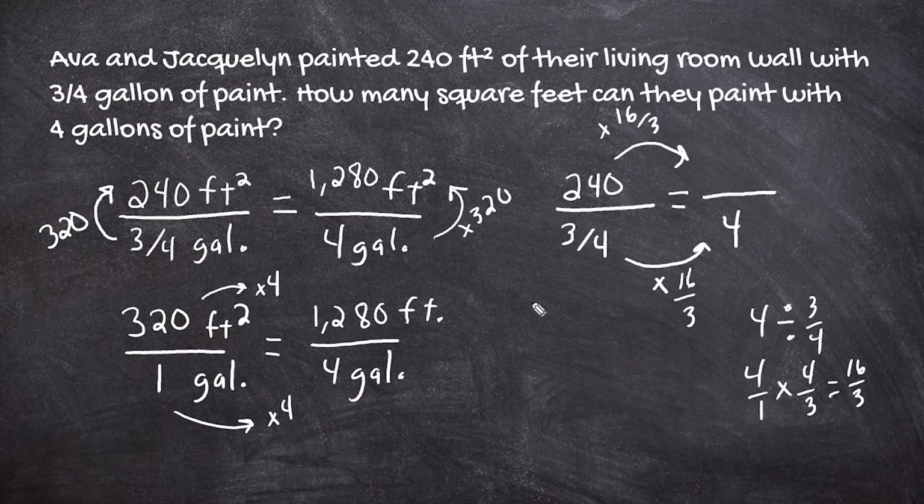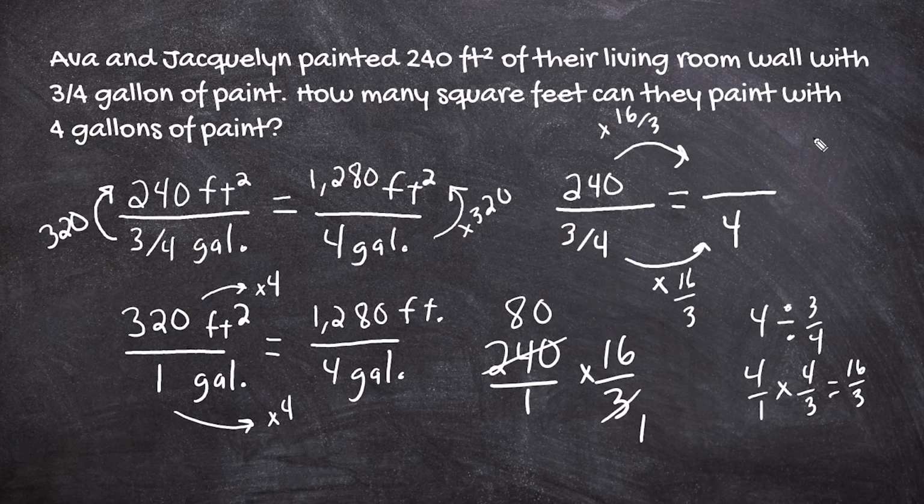So let us go ahead and do that. So we have 240 over 1 multiplied by 16/3. All right, 240 and 3 can be canceled because they share a greatest common factor of 3. So 3 divided by 3 is 1, and 240 divided by 3 is 80. So what we have left is 80 times 16.